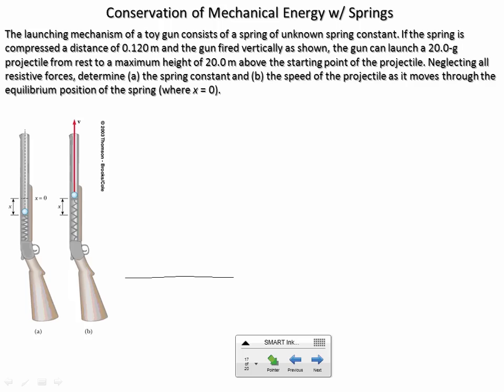Here's place 1. And at this place, let's make a little table. EPE, GPE, KE. And this is at the bottom, when the spring is compressed all the way down.